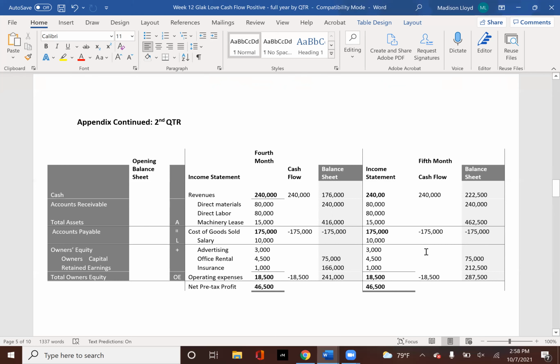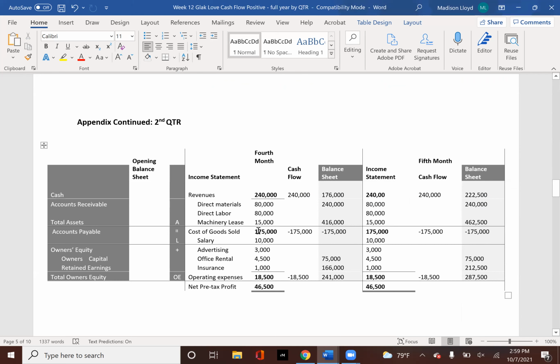Okay. Move to our fifth month. All of the values are going to stay the same, but instead we're going to take last month, the fourth month, since we're on the fifth month. Now we take the fourth month's total assets, $416,000, minus the $175,000 from last month.